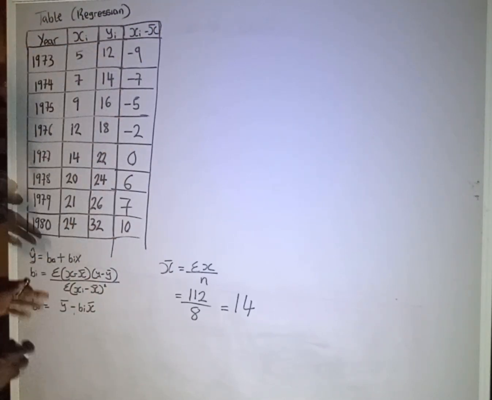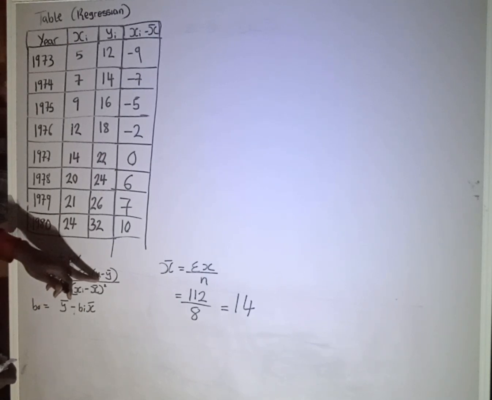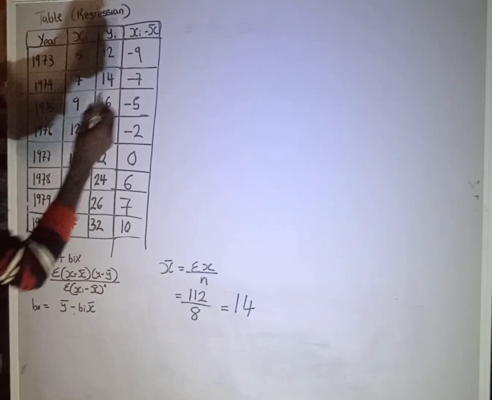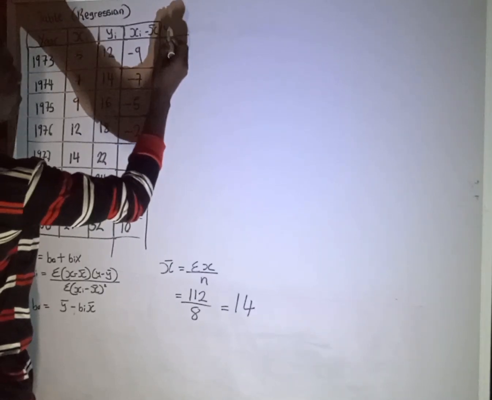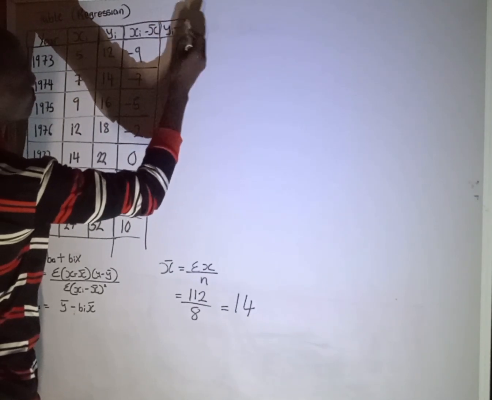After getting this value, I will go back to my equation again. The next thing I'm going to get, for my equation, I see that I need the value of y minus y bar. So I'm going to be having my next table as y minus the mean of y.